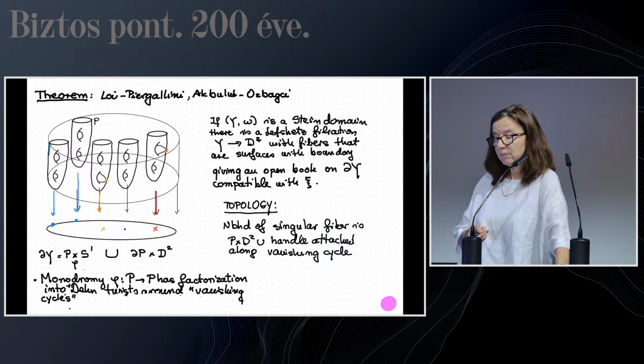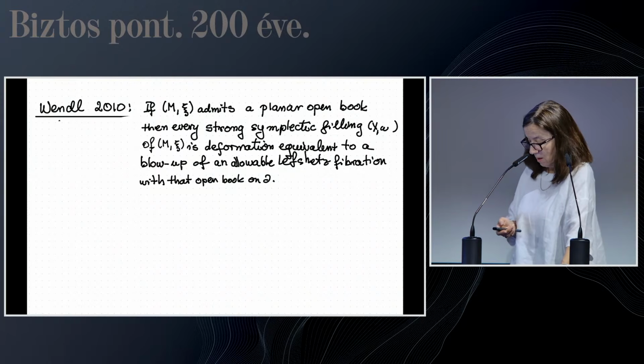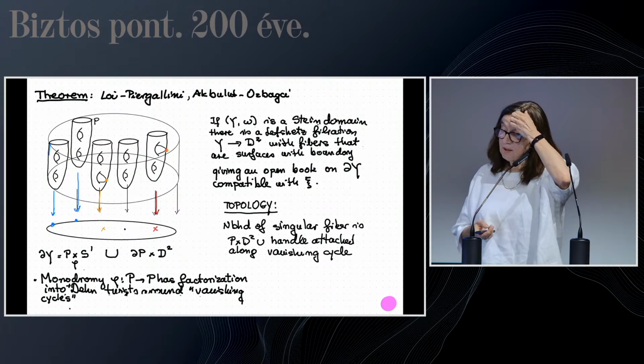When we have this Lefschetz fibration structure, the monodromy factorizes into Dehn twists around these vanishing cycles, and these are positive Dehn twists. This comes from Donaldson's theorem.